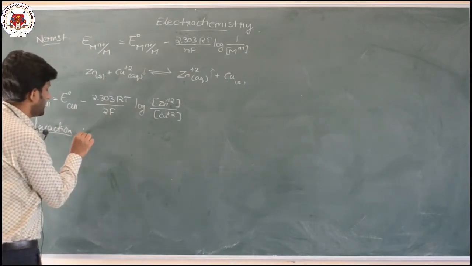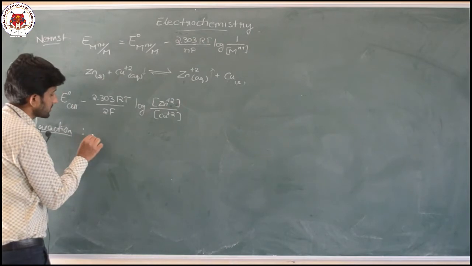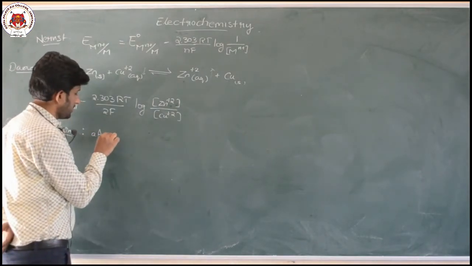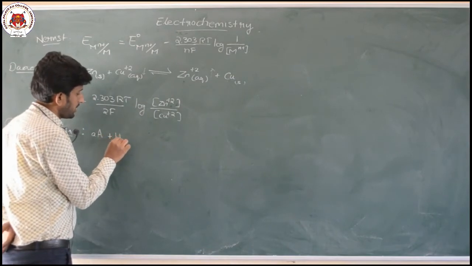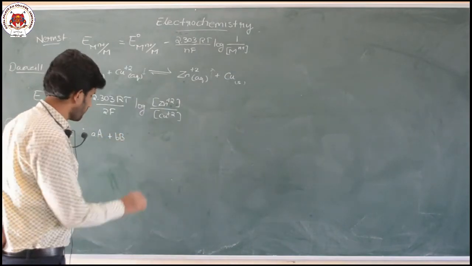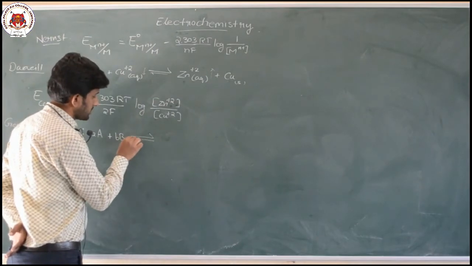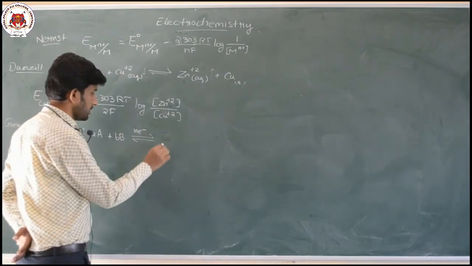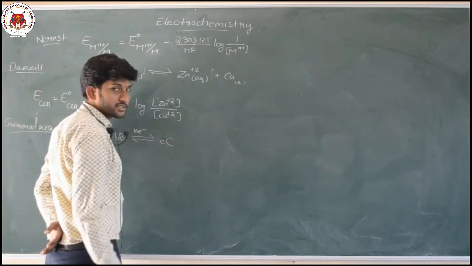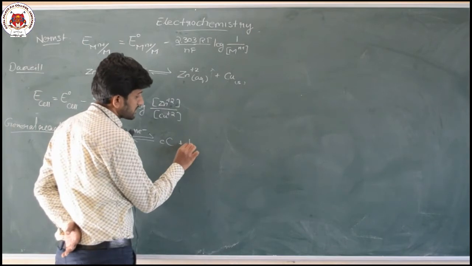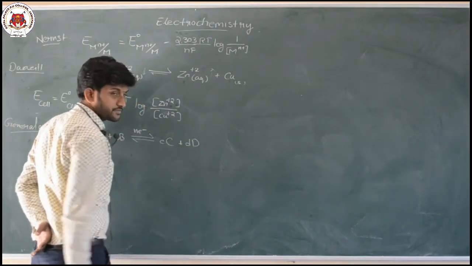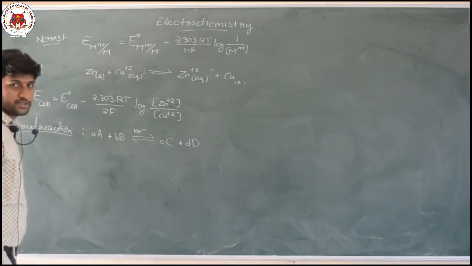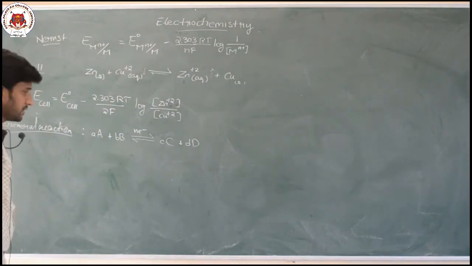Let us assume a general reaction: small a moles of reactant A reacts with small b moles of reactant B, and, let us assume n electrons are involved, gives rise to small c moles of product C plus small d moles of product D. Then how to write the Nernst equation for this general equation?